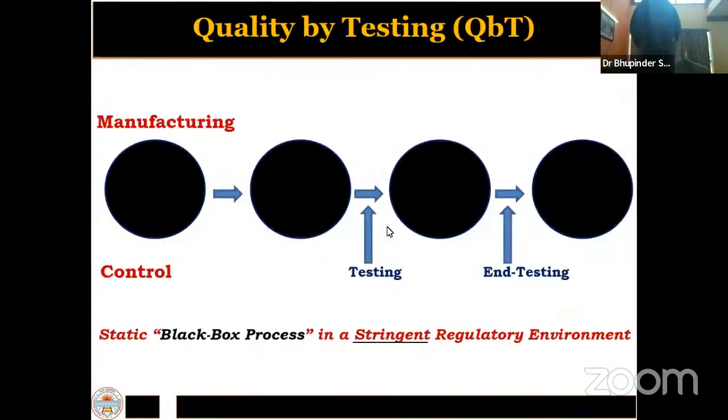It's getting accelerated. In quality by testing, the earlier approach was taking every step as a black box. You do not know what's happening at the back. You are keeping your fingers crossed whether your product will be able to pass the test or not.